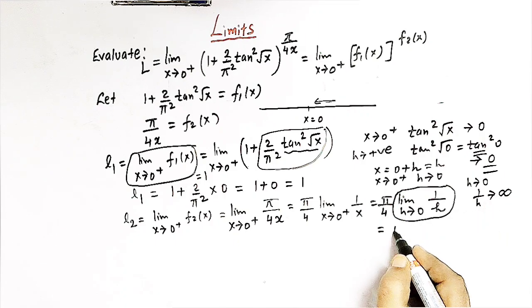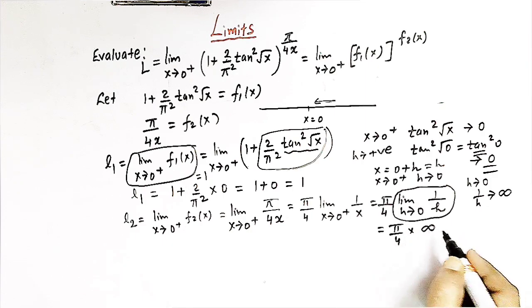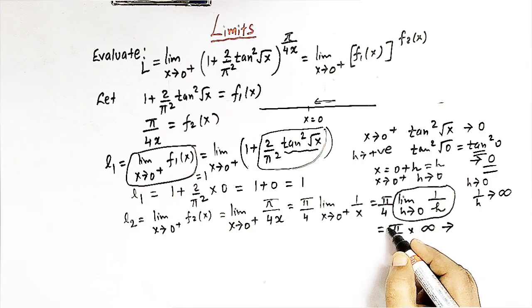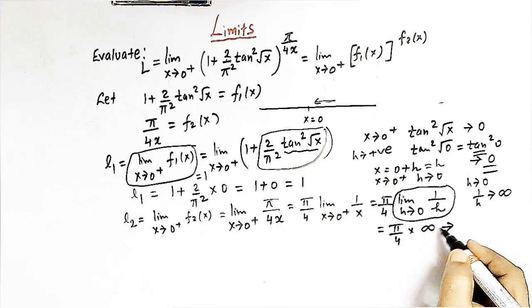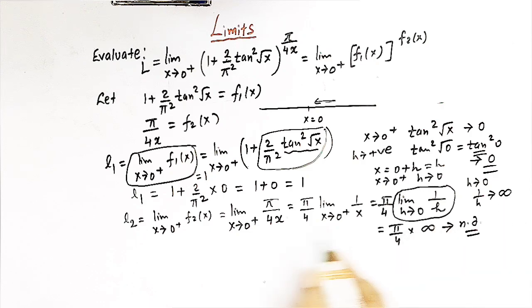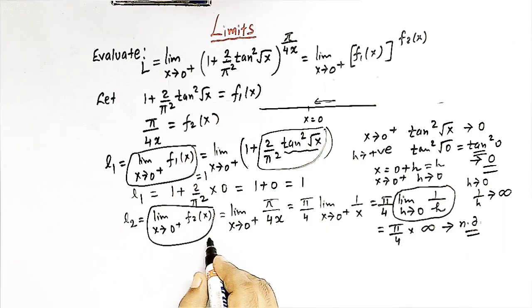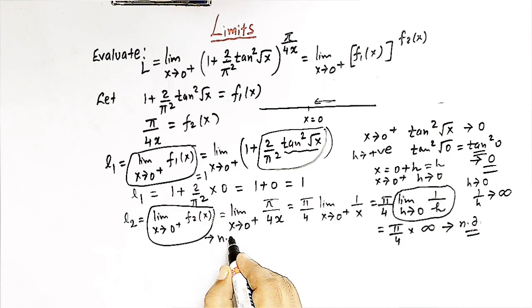So we have π/4 times infinity. So this entire term is not defined, or infinity. So we have seen that the value of this limit is not defined.